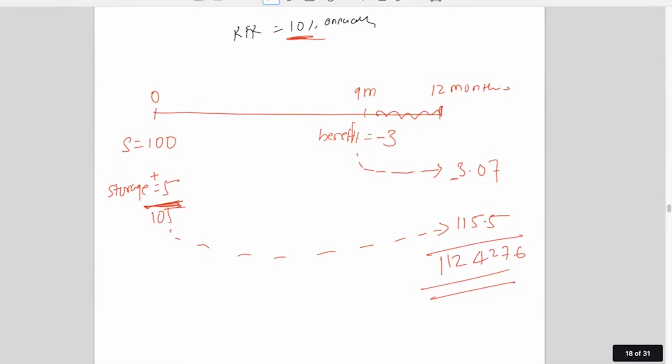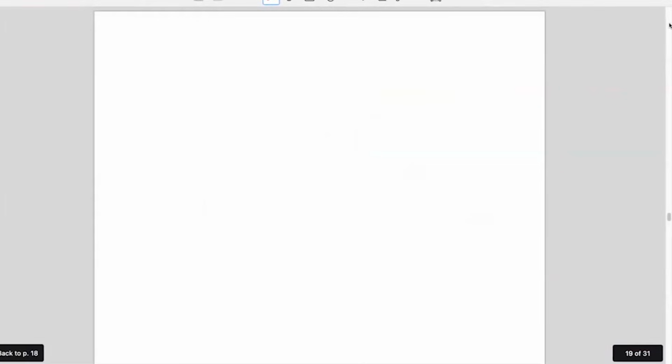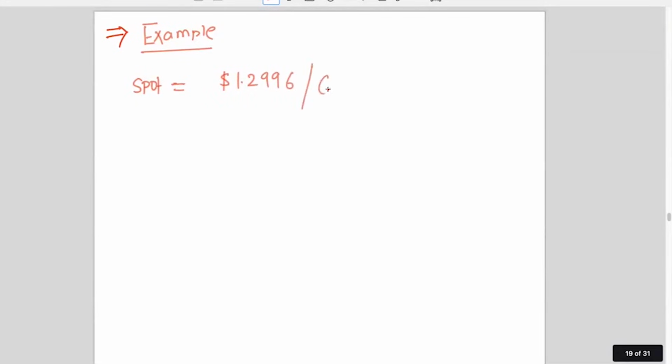All right, now a third variation. I hope you're comfortable with this. A third variation. This is actually my favorite here. Let's say the spot exchange rate today is $1.2996 for a euro.